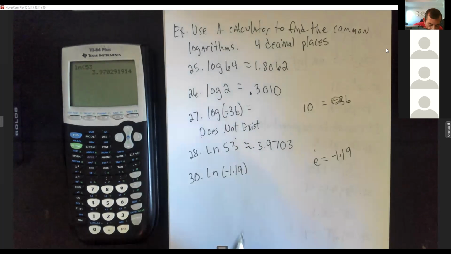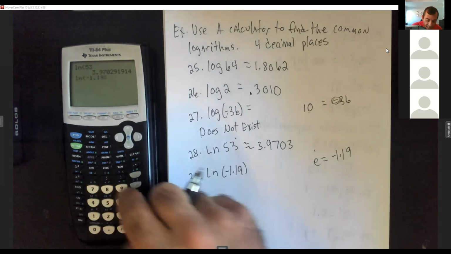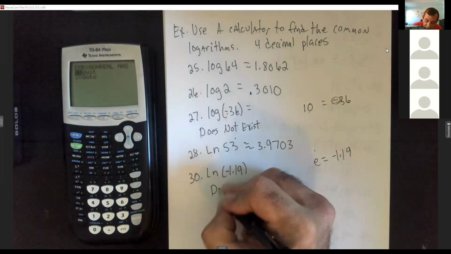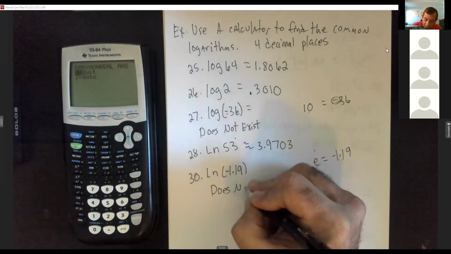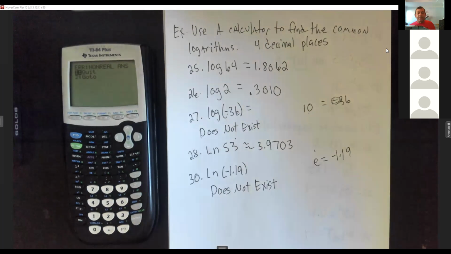And hopefully on your calculator for a negative 1.19, you're going to get the same answer. So that means this one does not exist. So you cannot take a log or a natural log of a negative number.